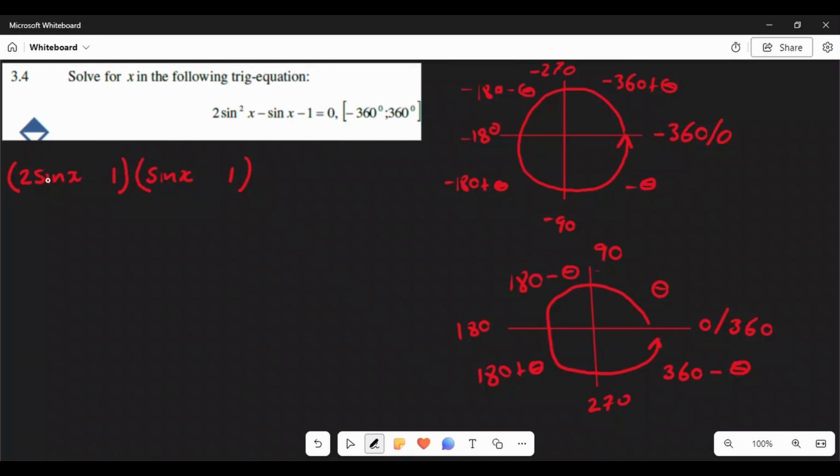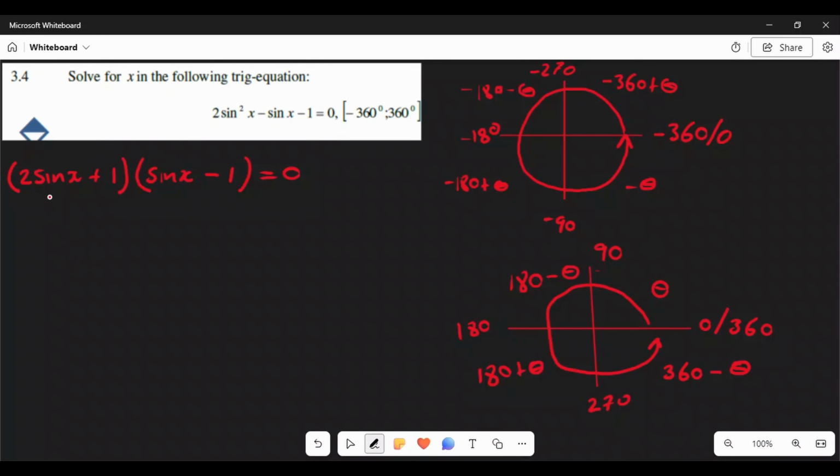If you say 2 sine x multiplied by sine x, you're going to have 2 sine squared x. But now, which one is going to take the sign in the middle? If we say 2 sine x multiplied by 1, you're going to have 2 sine x. So if you make this one negative, 2 sine x multiplied by negative 1 is negative 2 sine x, and then this one becomes positive, because 1 multiplied by sine x is sine x, so they're going to give us that. So this equals 0.